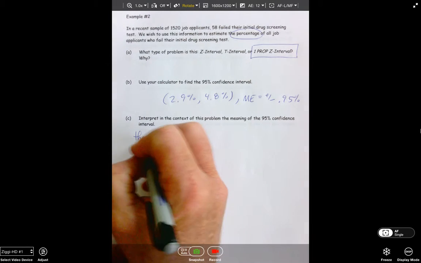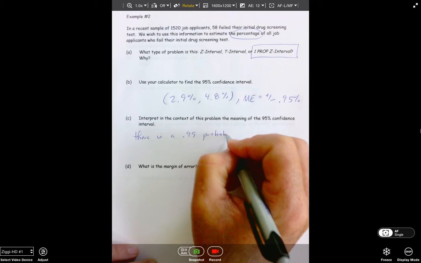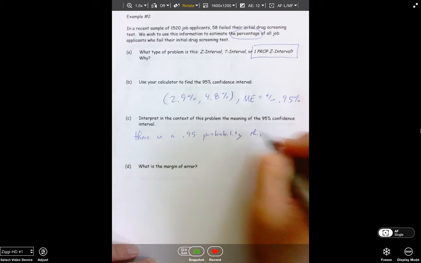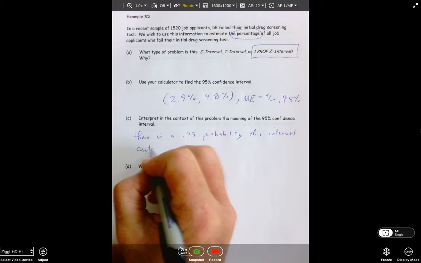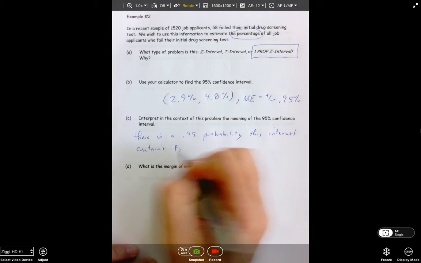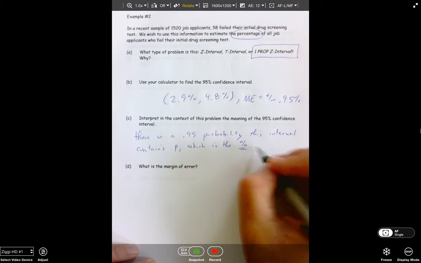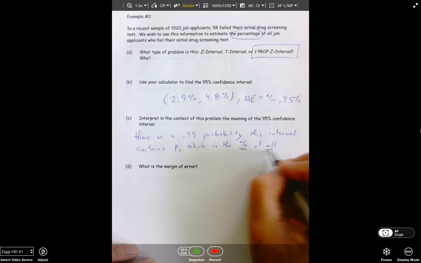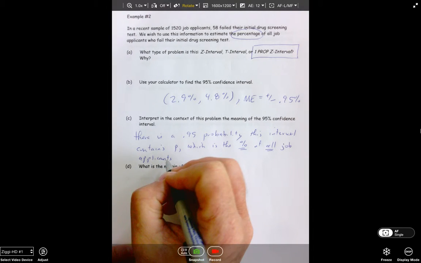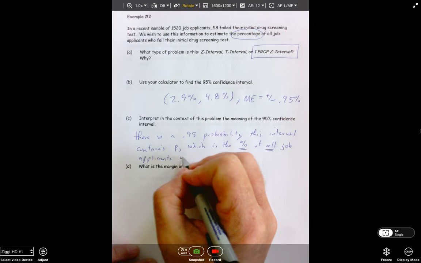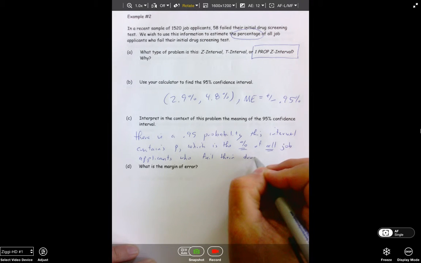So there is a 0.95 probability this interval contains P, which is the percentage of all job applicants who fail their drug test.